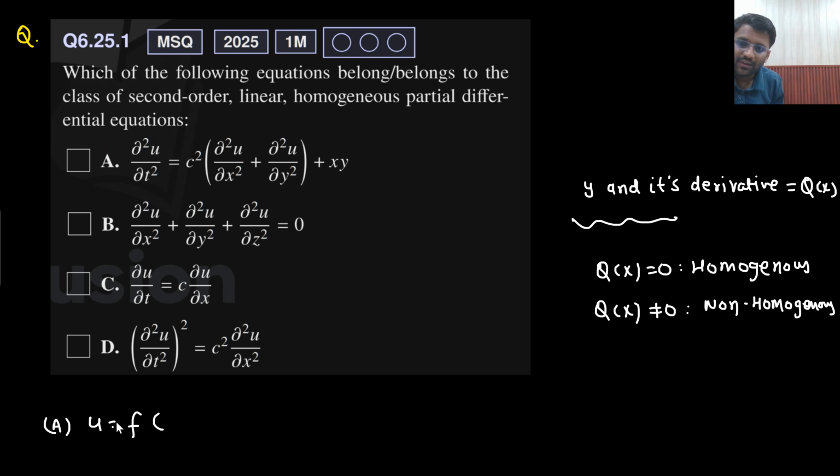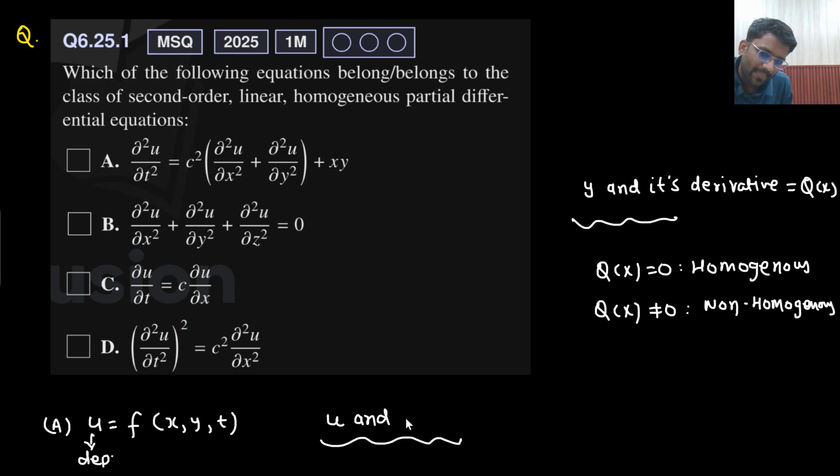You can see it, right? u is a function of x, comma y, comma t. So who is the dependent guy? u is the dependent guy. What does that mean? If I need to make a homogeneous function, then I will keep u and all its derivatives here.